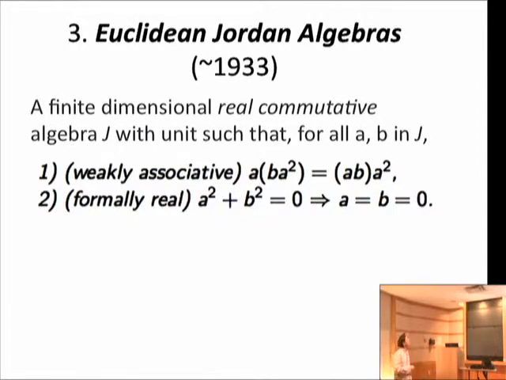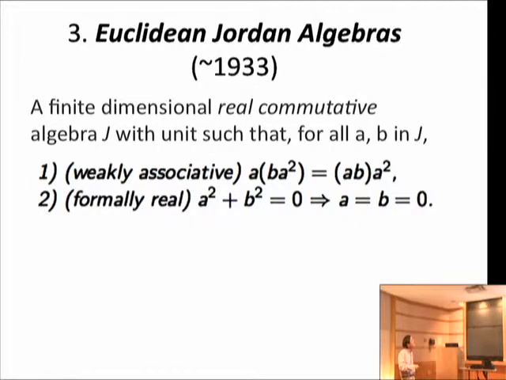By the way, if you just stick to property 1, it's called Jordan algebra. Property 2 gives you Euclidean. In the old days, people called it formally real. When Jordan and Wigner did the classification, they called it formally real because this condition is a formally real condition. And why does it become Euclidean?